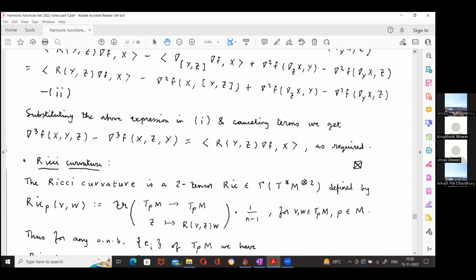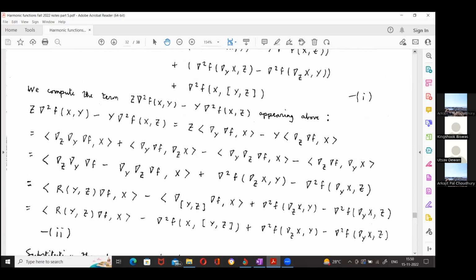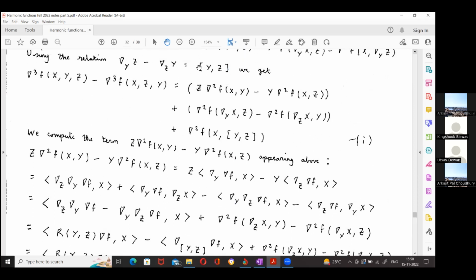Is this clear? Okay. So we started with this difference. We wrote it as a sum of three terms, right? Now, the first term here, this z nabla squared f minus this y nabla squared f, I expanded, right?